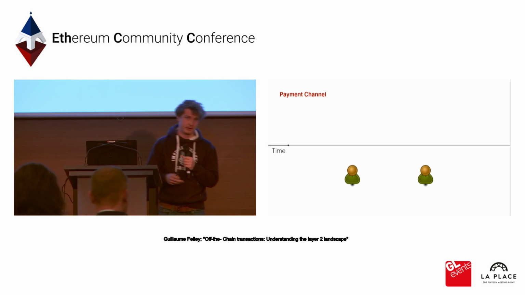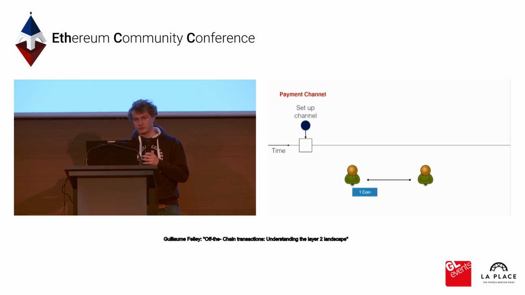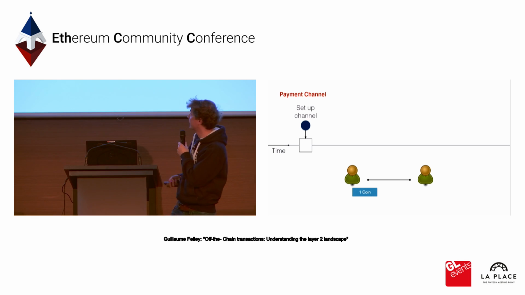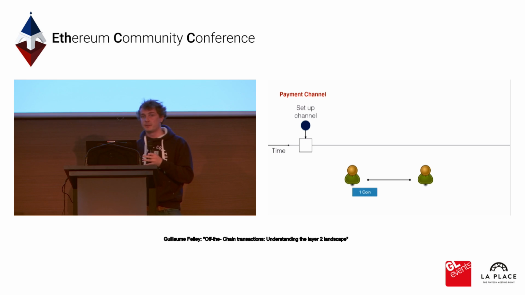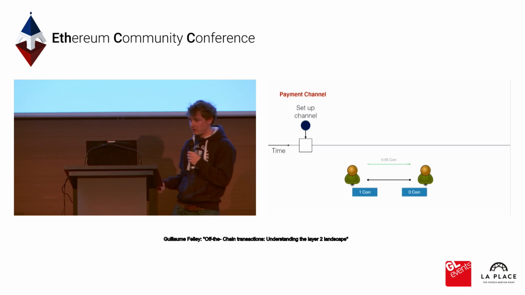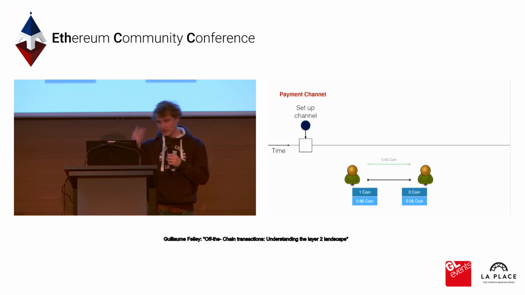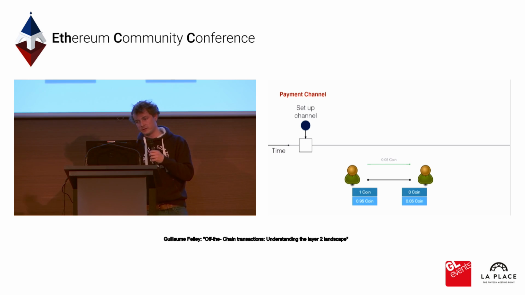Very briefly, I will explain how a payment channel works. Here you have a blockchain, and 2 parties set up a channel together. One guy deposits 1 coin into it. Then he can make a transaction off-chain, sending 0.5 coin to the other guy. You have the state that is now updated.